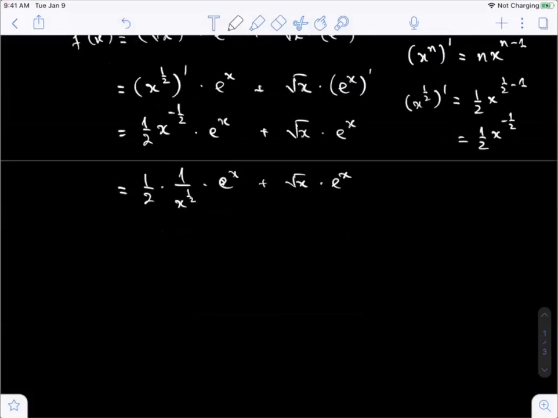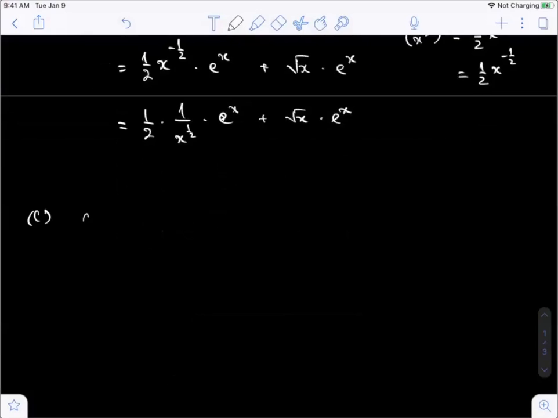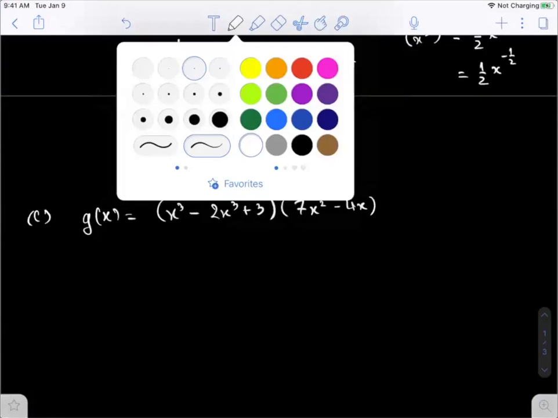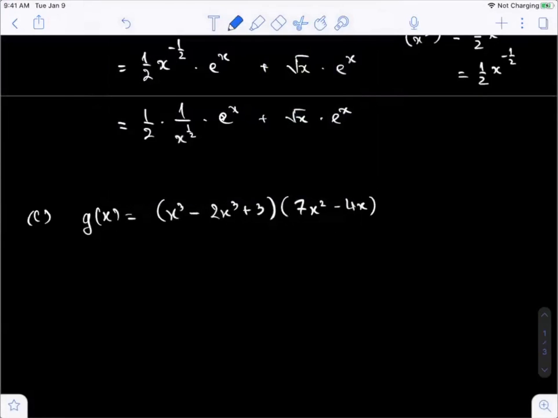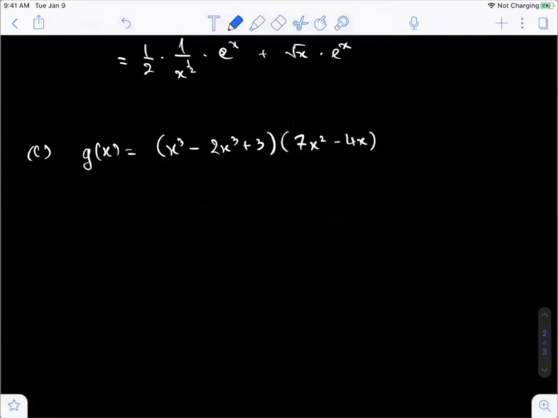Now move on to the next function. Have g of x equal to x cubed minus 2x squared plus 3 times 7x squared minus 4x. Right. Once again, when you look at this type of function, let's identify u and v.